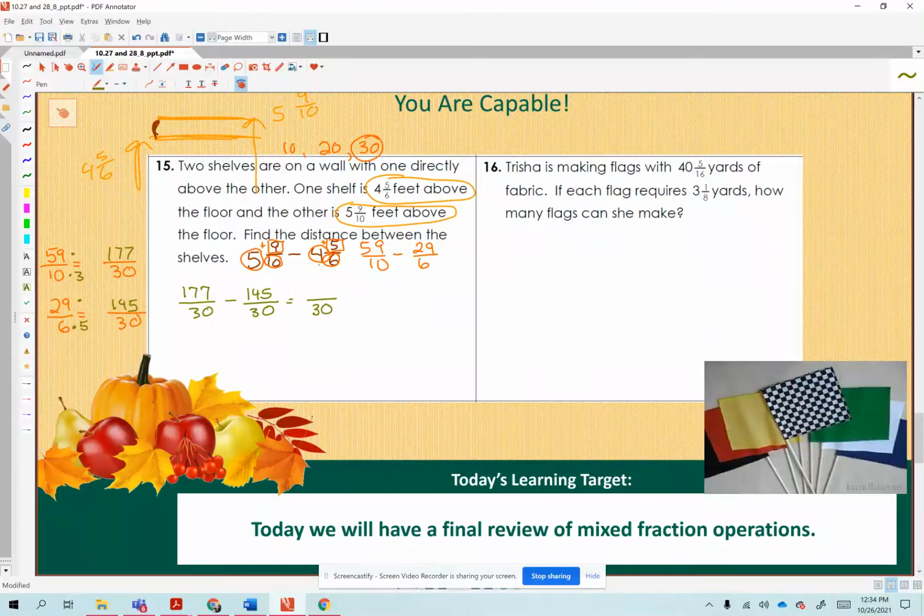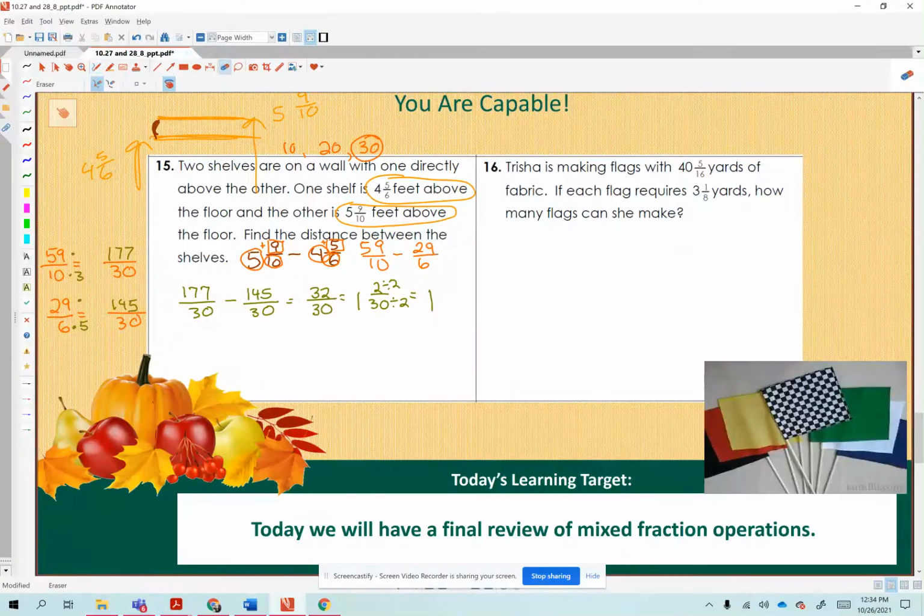177 minus 145 is 32. And I know that 32 is one group of 30 with two 30ths left over. But I also know that I can simplify the 2 and the 30 by dividing both the numerator and the denominator by 2, and rewrite this as 1.